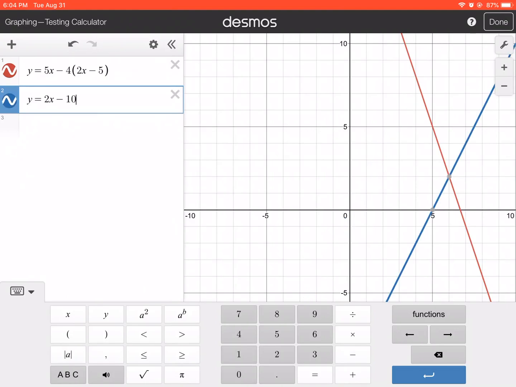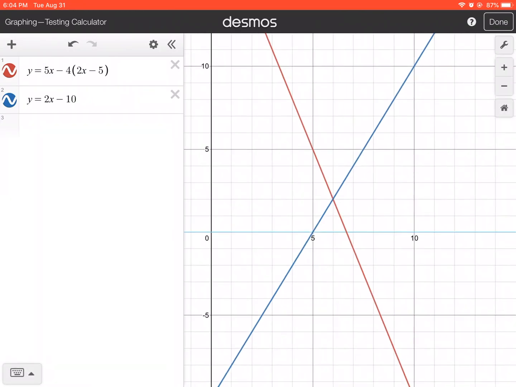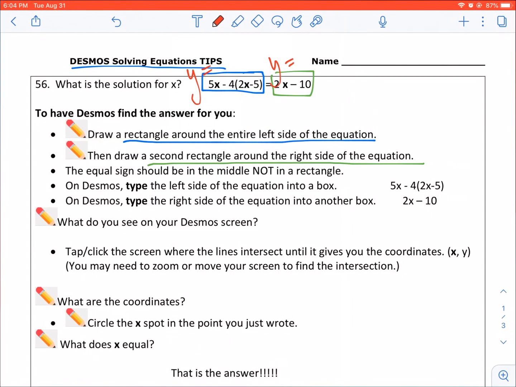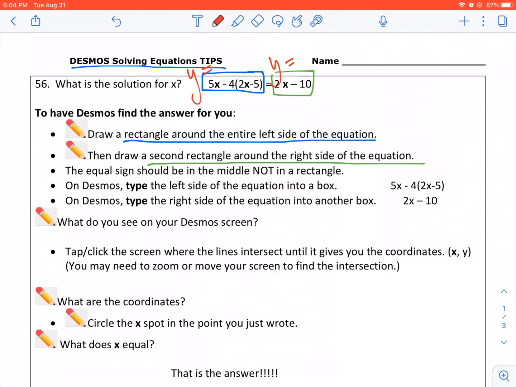And as you can see, we have a red line and a blue line, and I'm going to center that up on my screen for you. Then it says, what do you see on your screen? You're going to draw me what you see, and you can say the lines cross on Desmos.